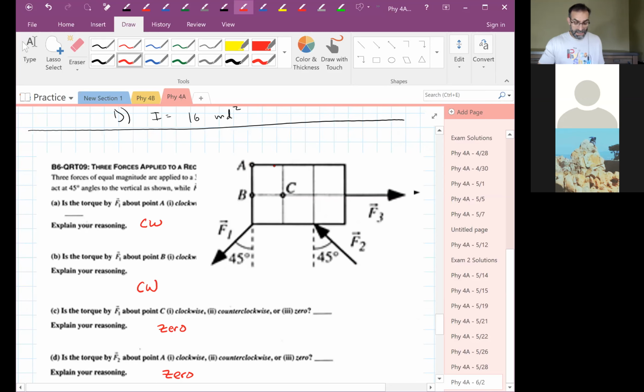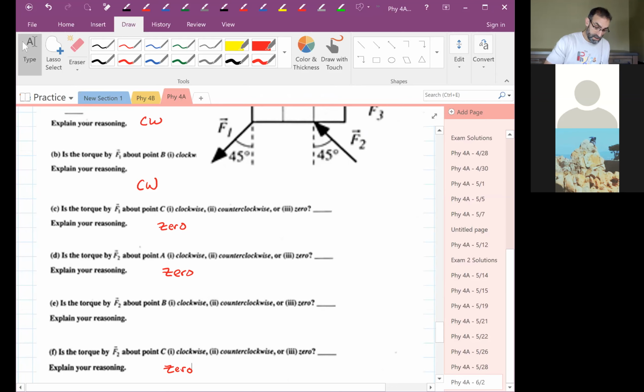How about B? If you push on this thing with that force F2 and the axis of rotation is B, does this thing rotate counterclockwise or clockwise? Counterclockwise.